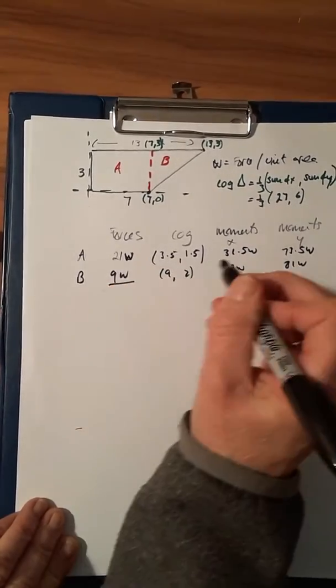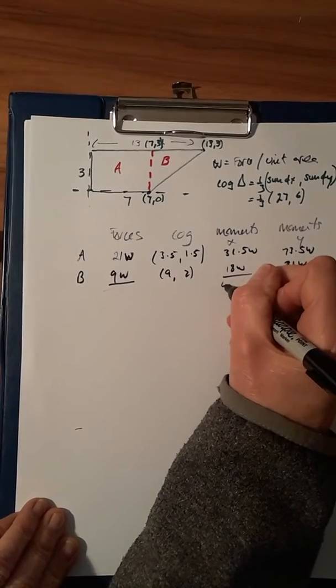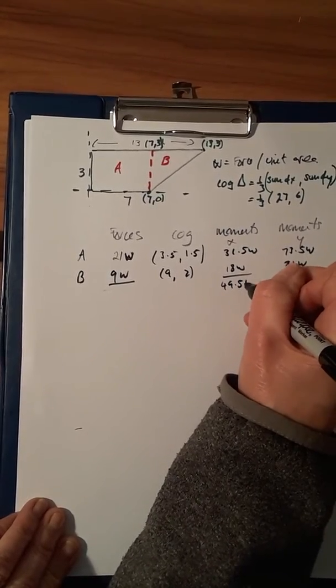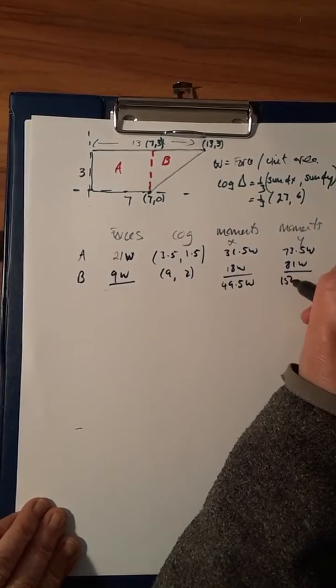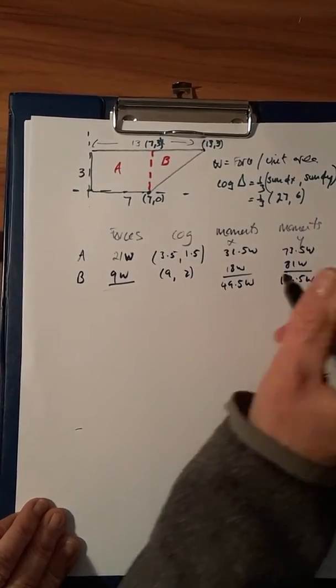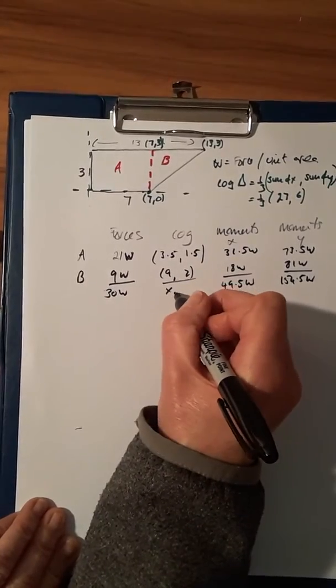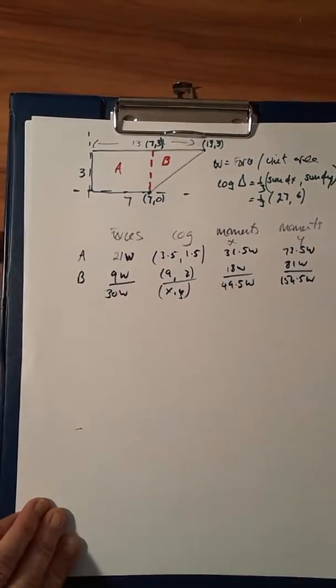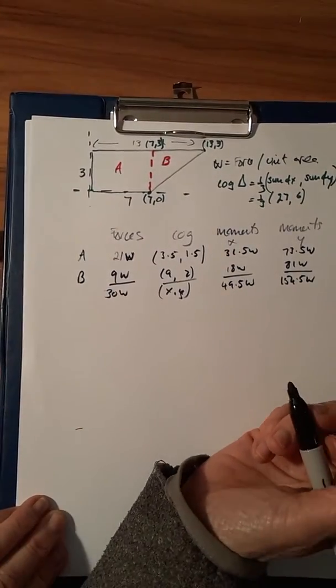Okay, I'm going to use the law of moments. So I'm going to get the sum of the moments about the x-axis. I'll add them and get 49.5W. I'll add those and I'll get 154.5W. The resultant will be 30W, and I don't know where the centre of gravity is. Right, so let's get the sum of the moments equals the moment of the sum.